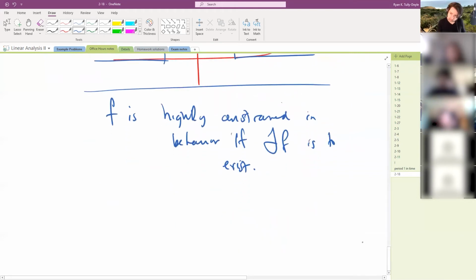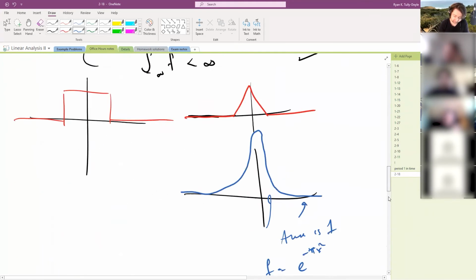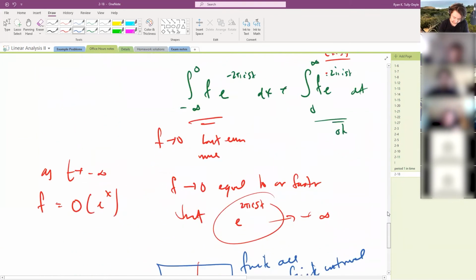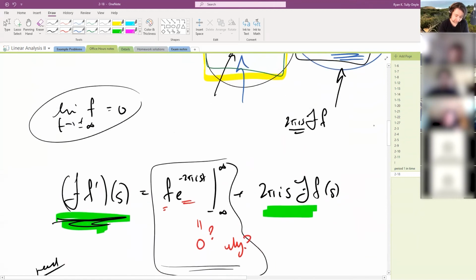Okay, and so the point is that because the Fourier transform of F exists, this piece up here that we were looking at all the way back up, wherever I put it, where is it? Oh, this right here.